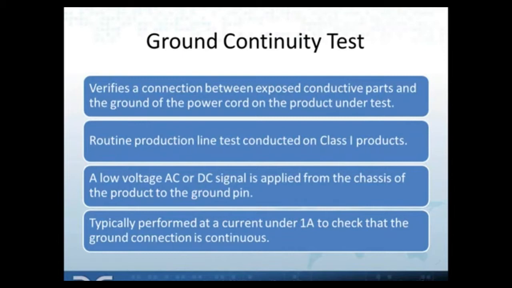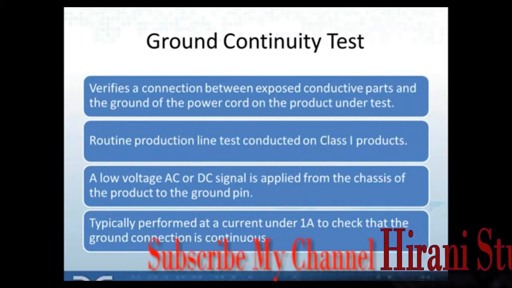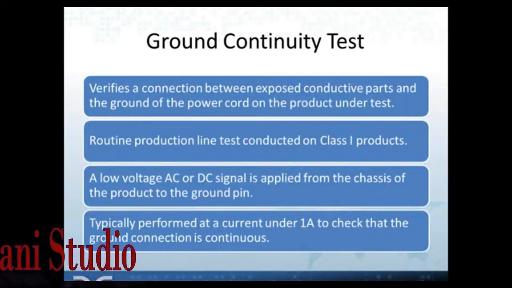Also, the ground continuity test does have its shortcomings. For example, the ground connection to a product should be rated to handle its nominal input current in case a fault occurs and the line voltage becomes present on the product's metal enclosures.